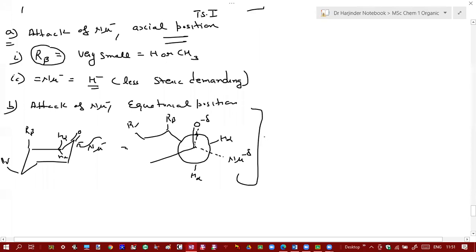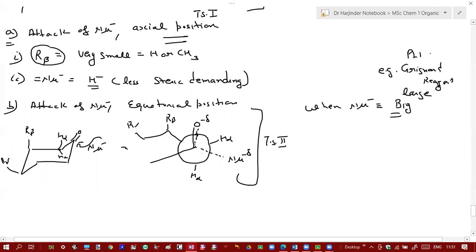So when will this transition state become more stable? When the nucleophile is big or small? Big. When your nucleophile is large, it is sterically demanding, for example a Grignard reagent such as phenyl magnesium bromide.